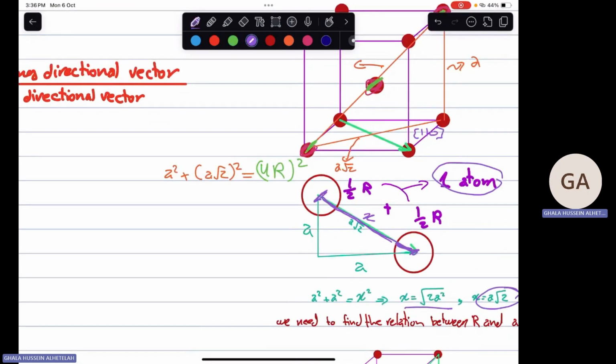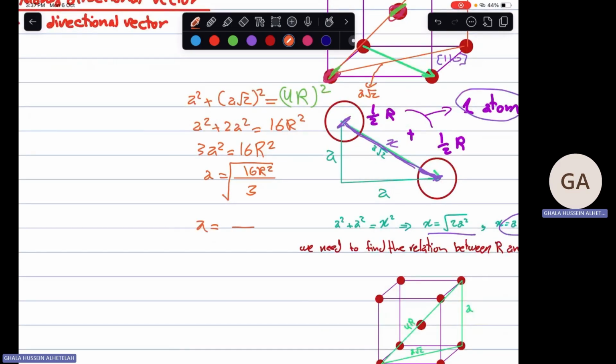Okay, let's rearrange it. We have a squared plus 2a squared is equal to 16r squared, which is 3a squared is equal to 16r squared. So a is equal to the square root of 16r squared over 3, which gives a is equal to 4r over square root of 3.